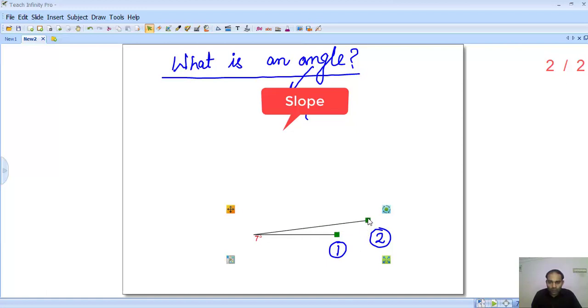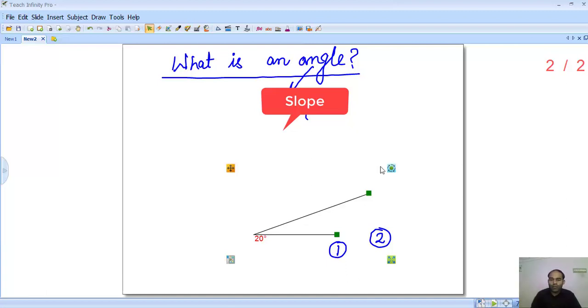Now if the slope increases, now the slope has increased, now there is some slope in between these two lines. Okay, this is not a straight line, now some slope is there, you can see some slope is there.